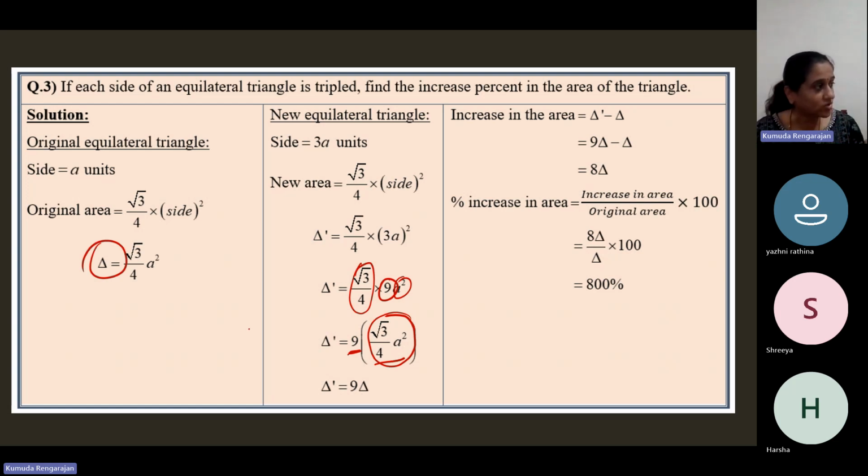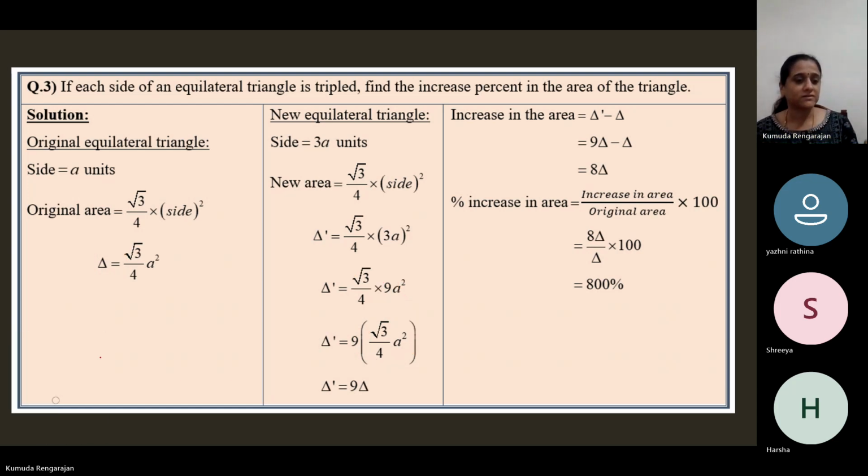That is, the area of the new triangle is 9 times the area of the original triangle. Delta is the original area, delta dash is the new area, so the new area is 9 times the original area. So what's the increase in area?